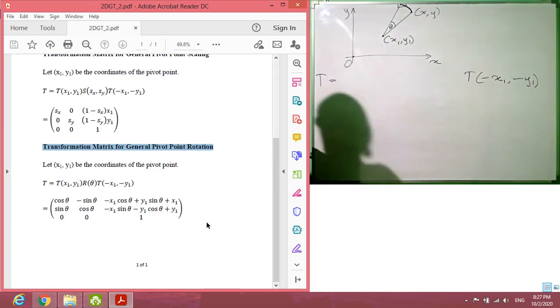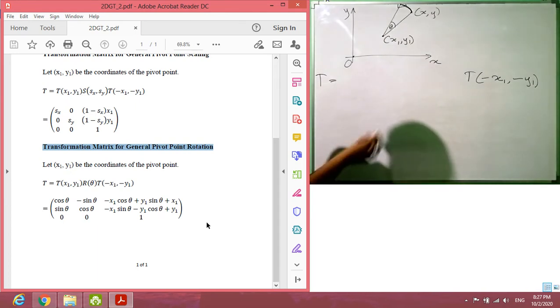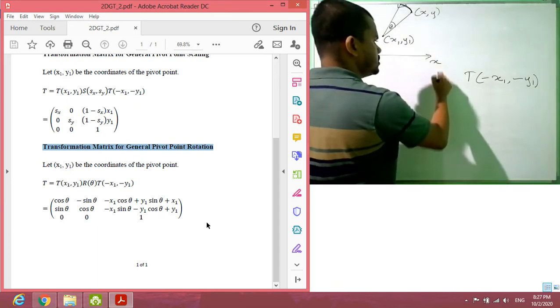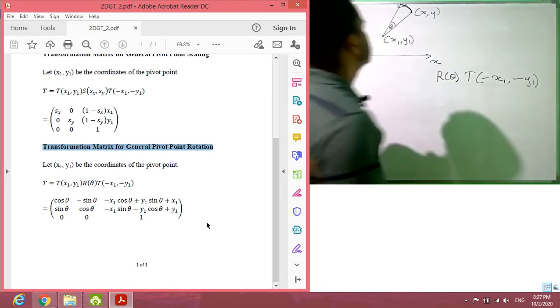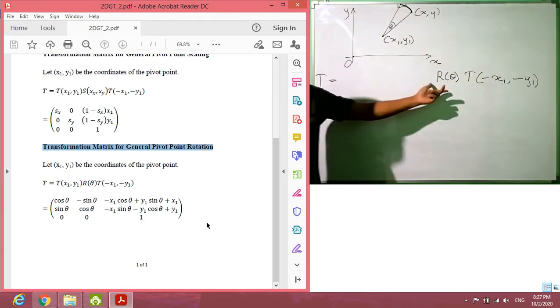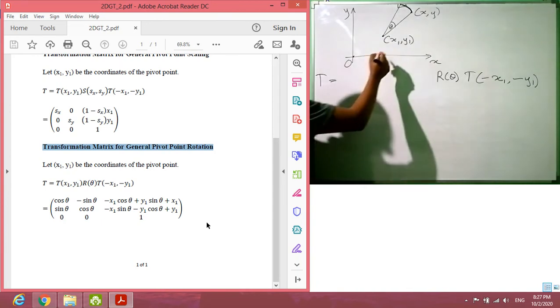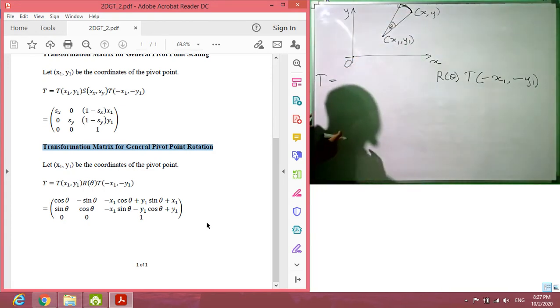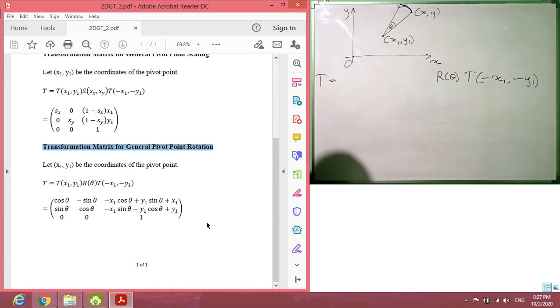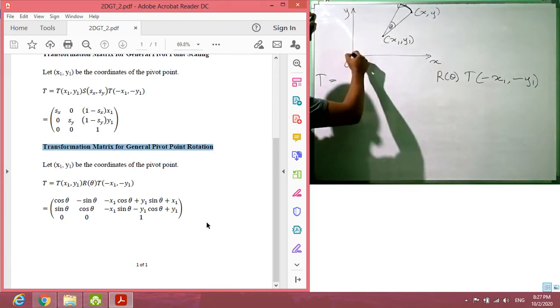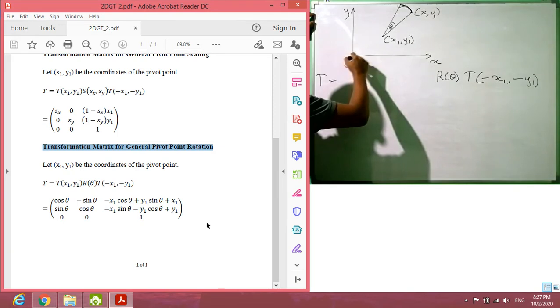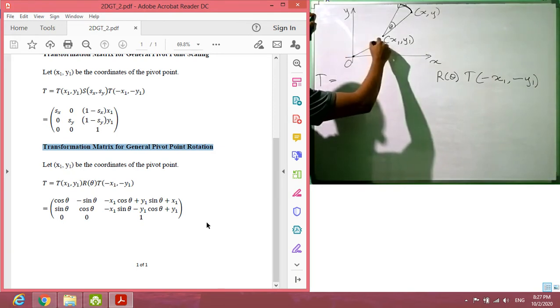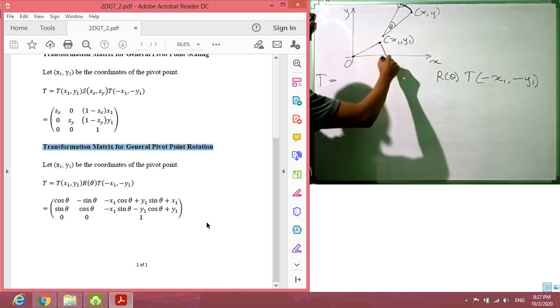Now we rotate around the origin. That means we get this point here, something like that. Our new point is now here.